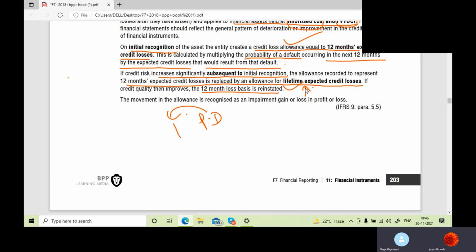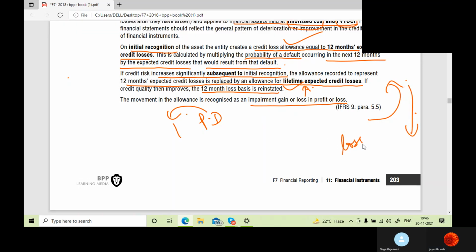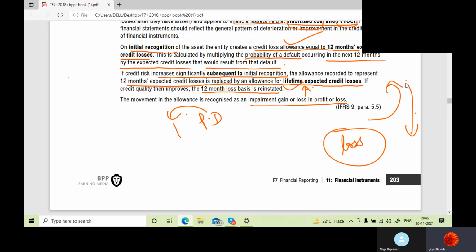Yes, sir. The movement in the allowance is recognized as an impairment gain or loss. That means if things go well, then it's a gain. If things go down, it's a loss. So if the credit quality which has deteriorated gets reversed, it's an impairment gain. If not, then it's a loss. And you will be showing that in the P&L account.